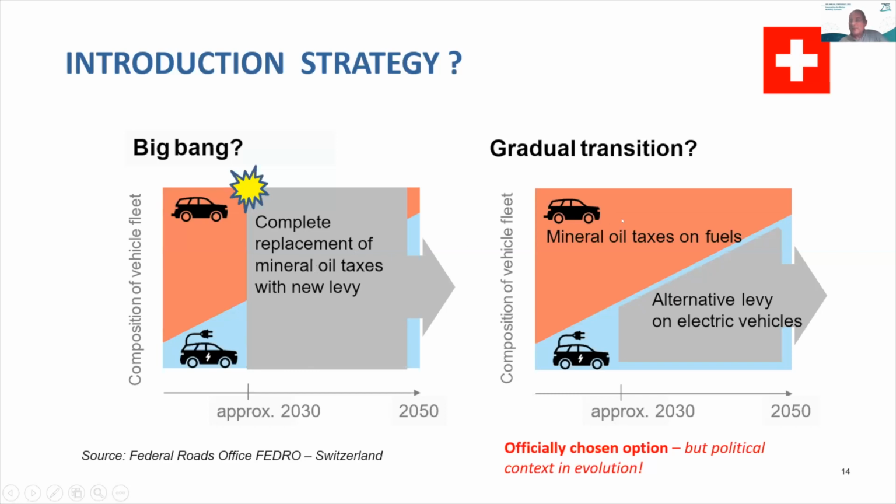And as long as European neighbors have not done it, the government has only to start, and that's the right picture. They go for a gradual transition. Only electric vehicles will be charged. Mineral oil taxes, fuel taxes will further erode. We have the vehicle ban on petrol and diesel cars in Europe in 2035, but we don't know. Maybe things will come earlier.